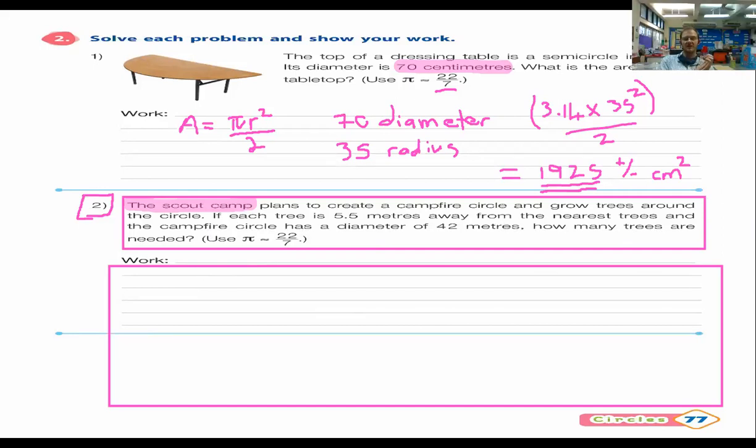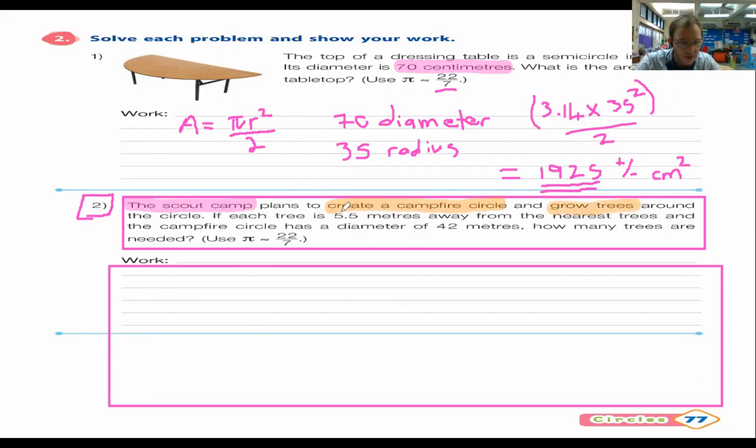Excellent, thank you very much. Very good. So how will we start this question? Let me highlight the information. I need someone to draw on the board to try and do the question. It can be more than one person. But let's first see. We want to create a campfire circle and grow trees around the circle.